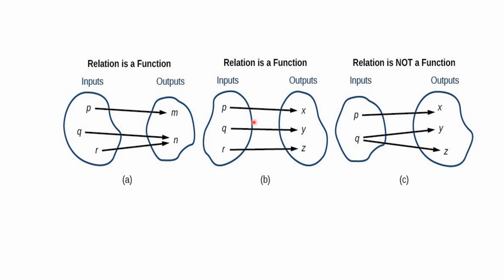In this relation, P has image X, Q has image Y, and R has an image. So this is also a function because every element has a unique image. Observe that in this relation P has image X, Q has image Y, and Q has another image Z. So this is not a function because Q has two images.